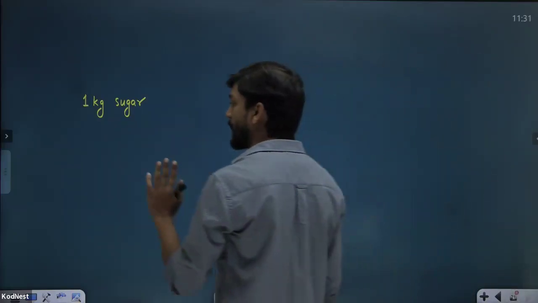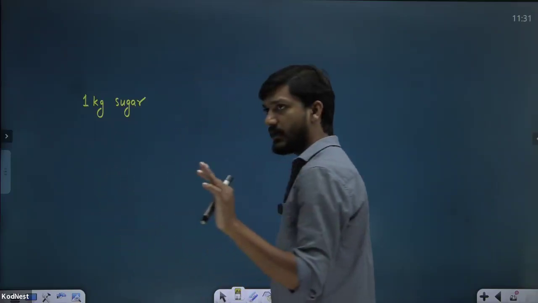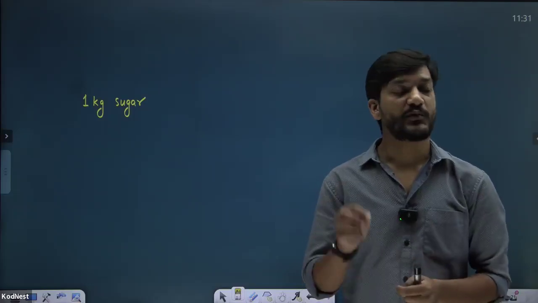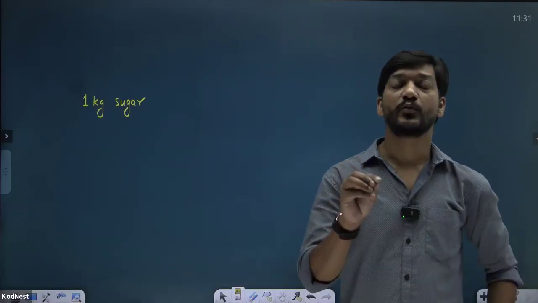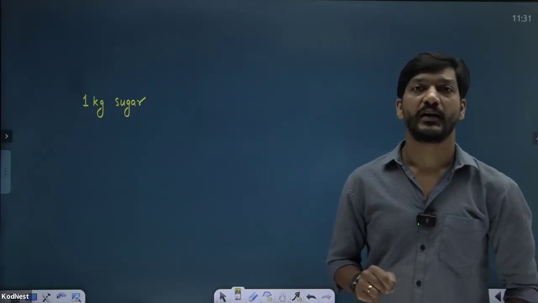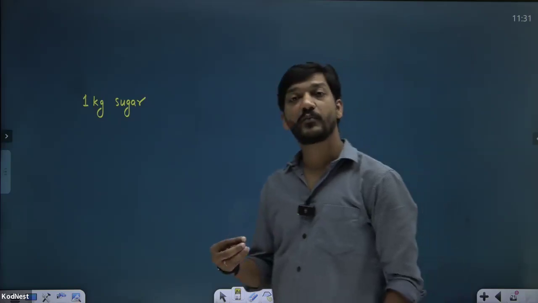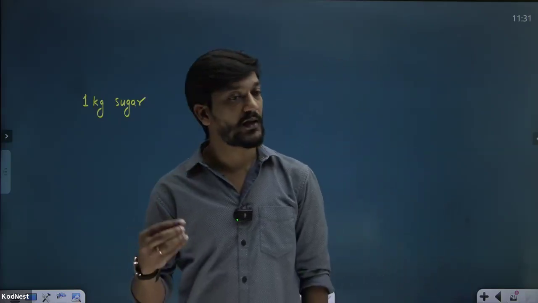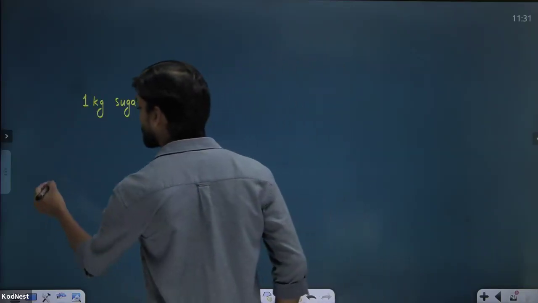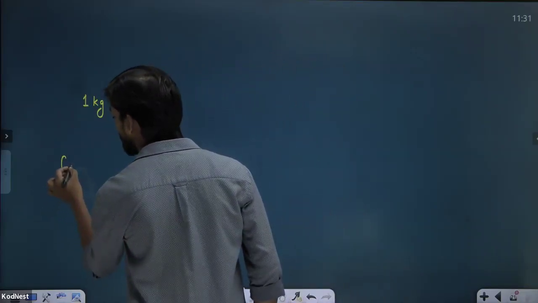Now, what I'm saying, in front of the shop, I have put one banner that I am selling the sugar at no profit, no loss. This is what I have written as a banner. So seeing the banner, I'm selling at no profit, so people are coming to my shop. But actually, what I'm doing is I'm using a false weight.